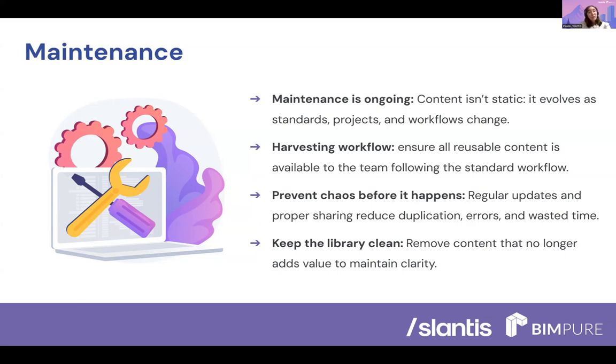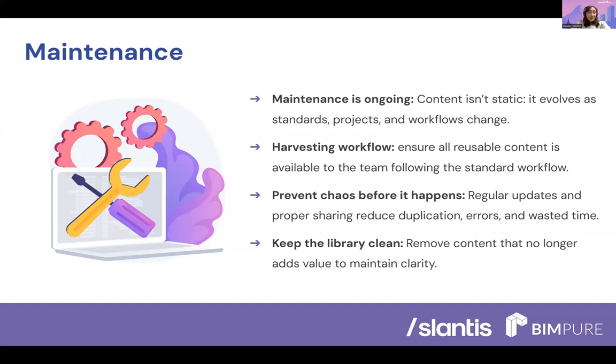Then a harvesting workflow, and this is something I really like that we do here. This is creating a strategy to ensure all reusable content is available for everyone. To start this, and not only to start, to maintain this, we have to make sure that if the team is creating new content, this content is going to go to the place we all know it is, the library.